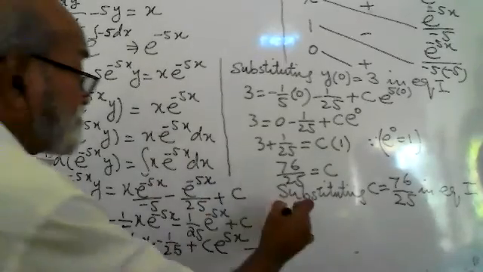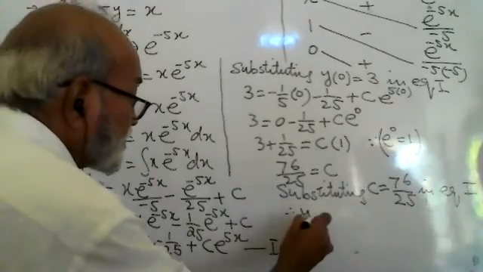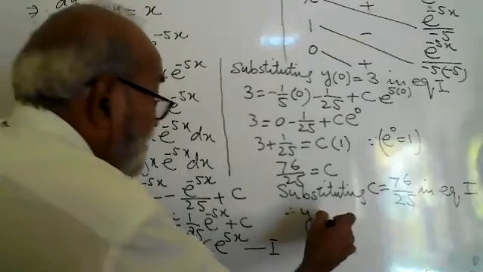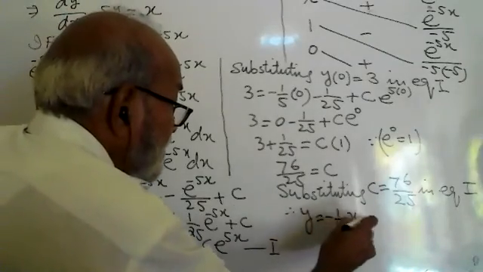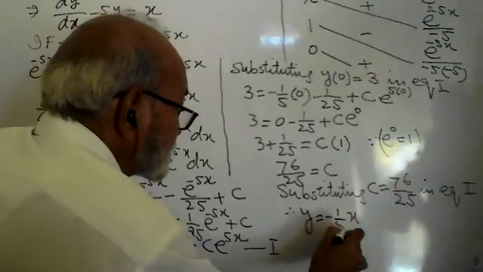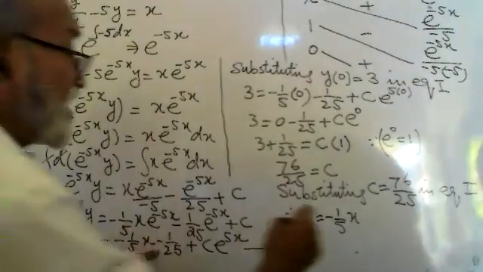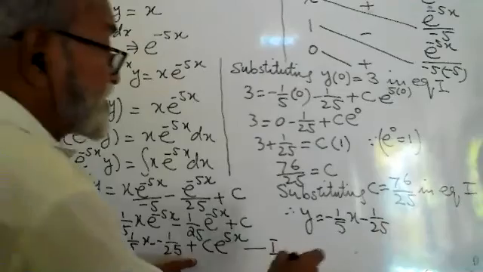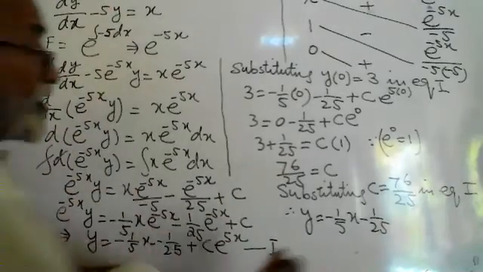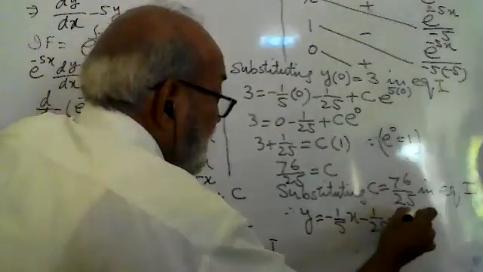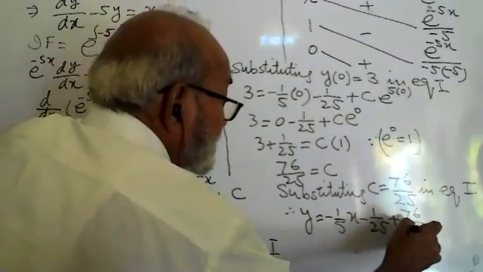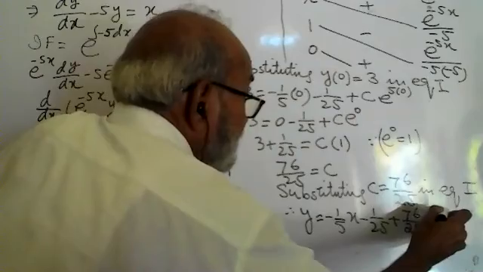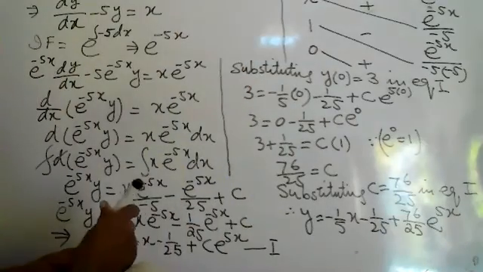So y will become minus 1 upon 5x minus 1 upon 25 plus c, which is 76 upon 25, into e raised to power 5x.